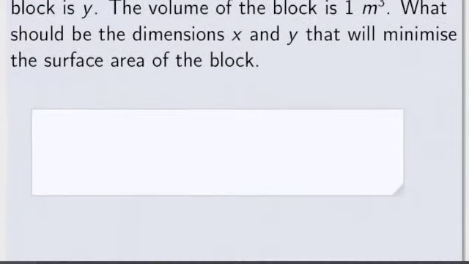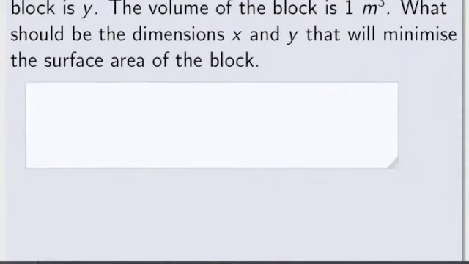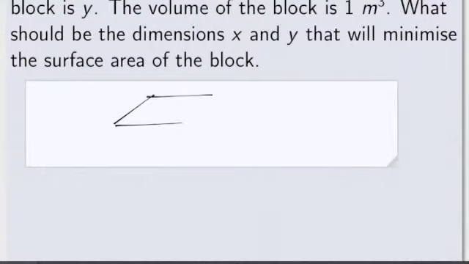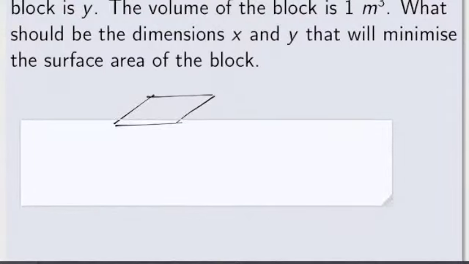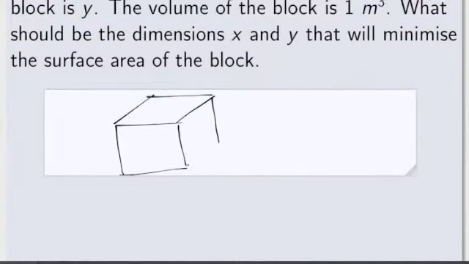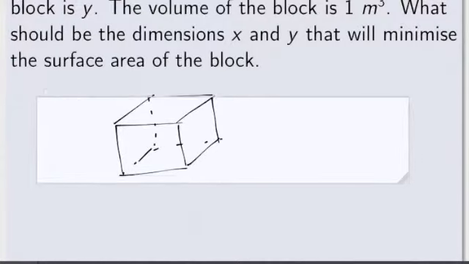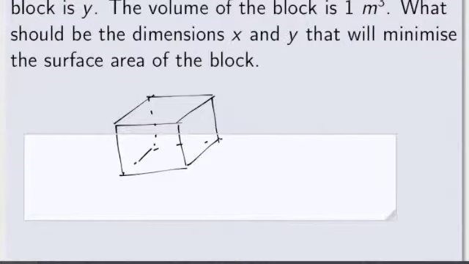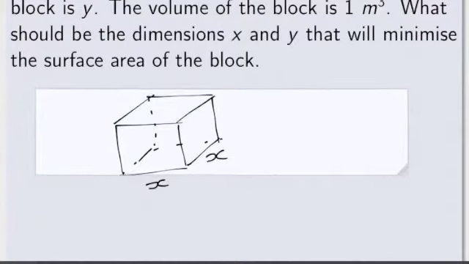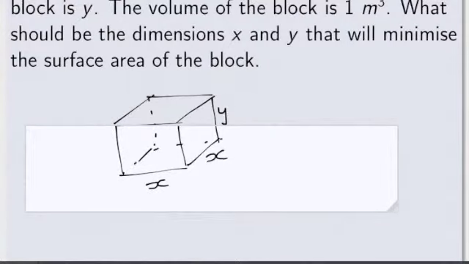So let's draw the shape of the box. The dimensions of the base are x by x, since it's a square base, and the height of the block is y. We can clearly see there are two sides, the top and the bottom.